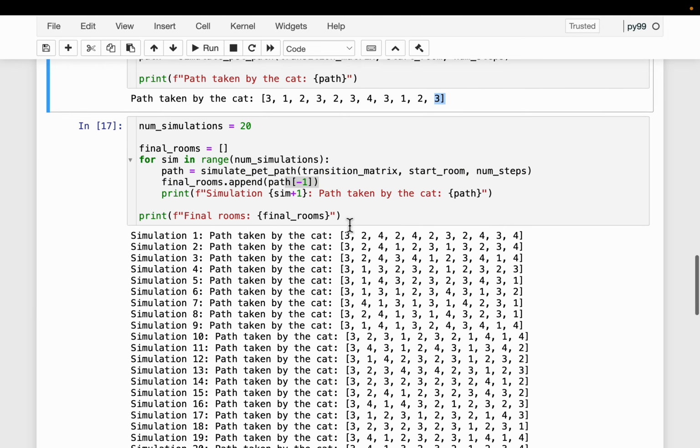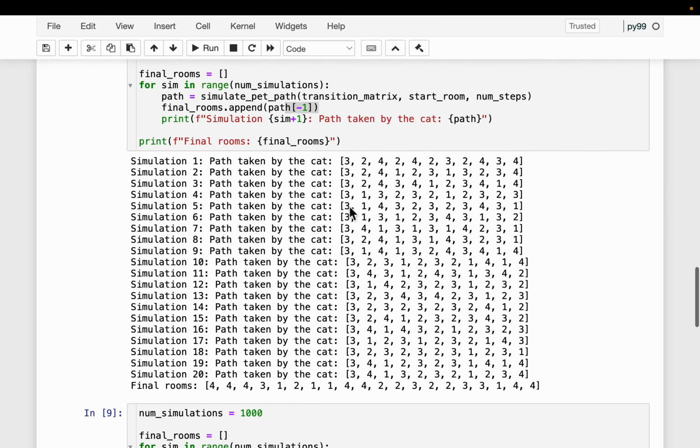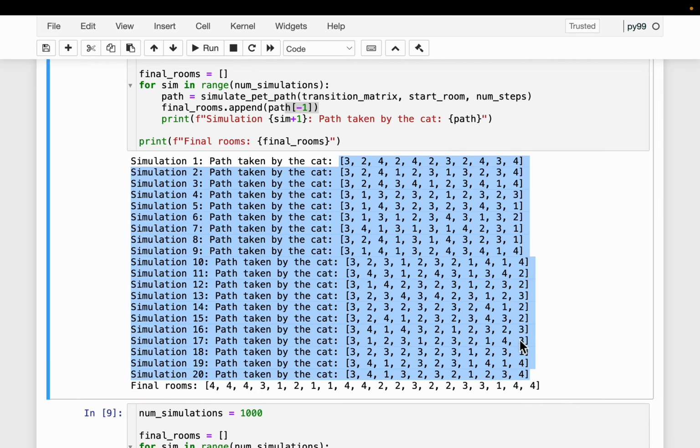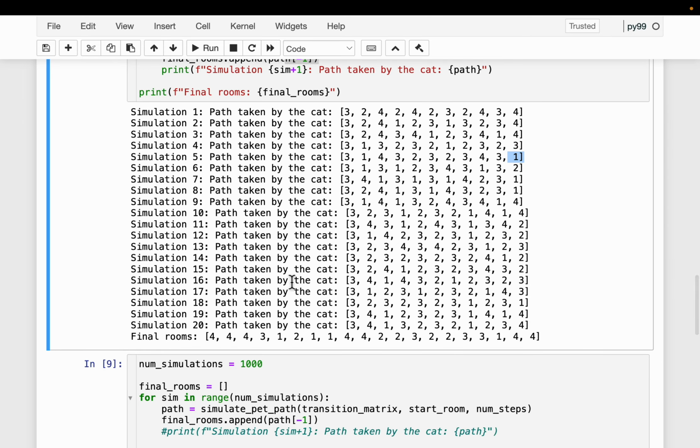Here we have the results from 20 simulations. Every time the cat starts from room number 3, it took some path and finally ended up in room number 4 in the first 3 experiments, but in room number 3 in the 4th experiment, room number 1 in the 5th experiment, so on and so forth. If we collect the final rooms, this is how they are.